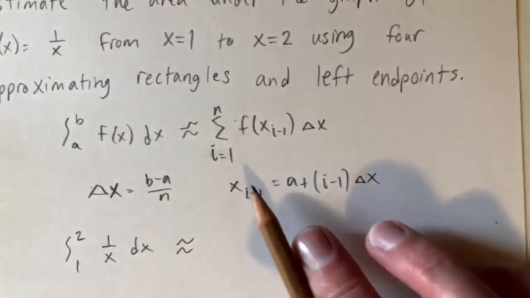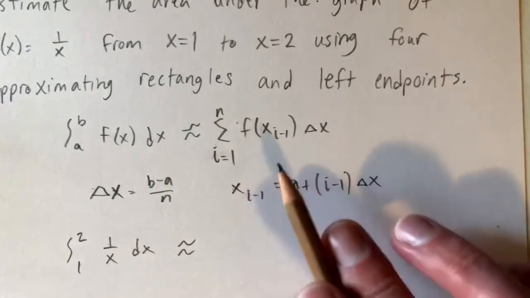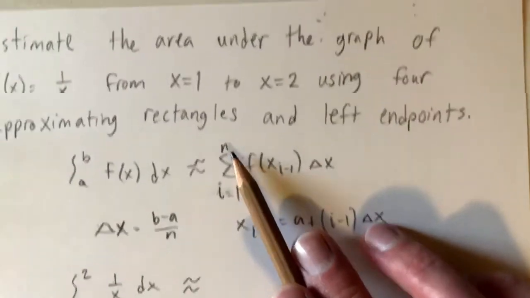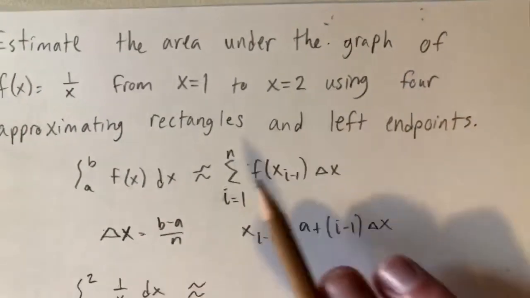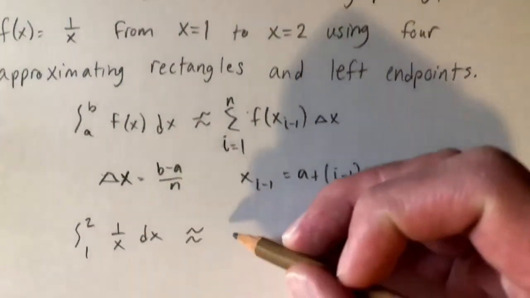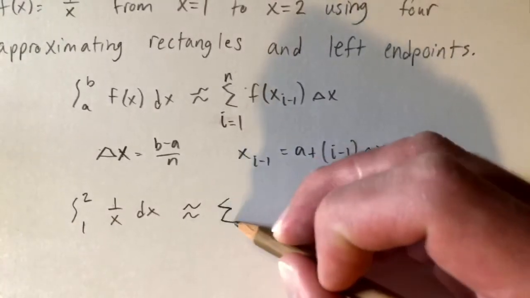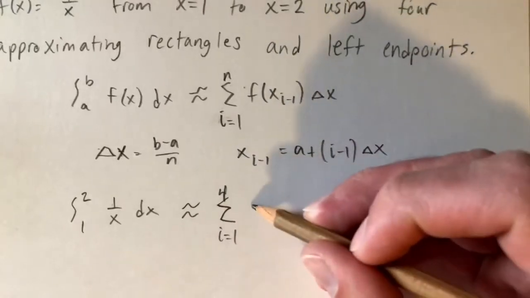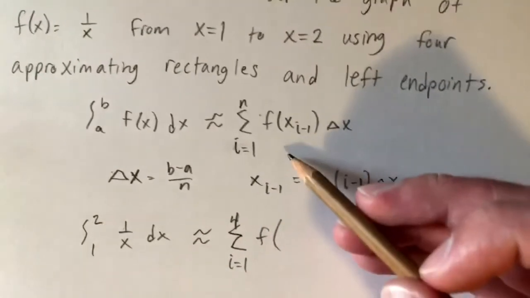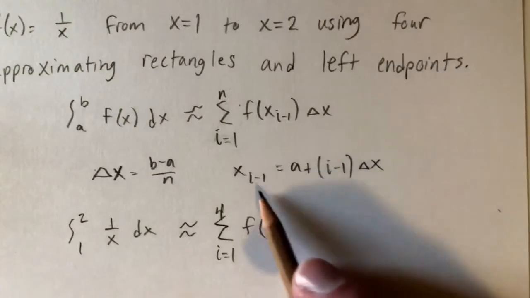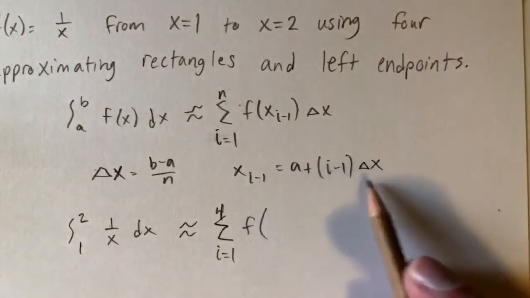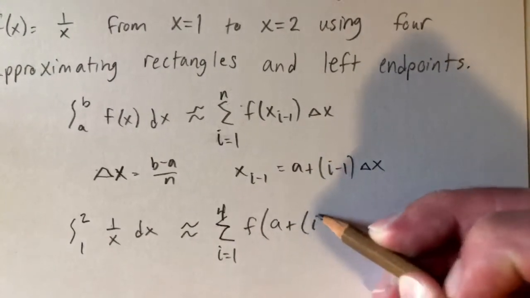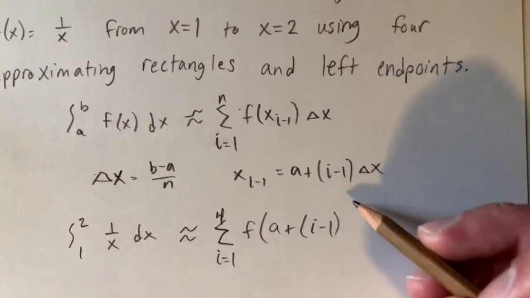We want to plug in the information we know. First of all, the number of rectangles is 4, so n is going to be 4. So we're going to have the sum from i equals 1 to 4 of f of a plus i minus 1 times delta x.